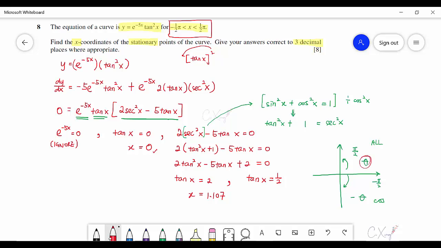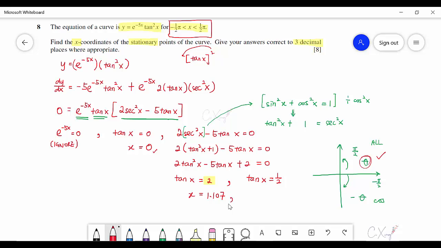In this first quadrant, tangent is positive, so this is the answer that I want. But if you look at the fourth quadrant, tangent is not a positive value in this quadrant. Therefore, I don't want the answer from this quadrant. So x equals 1.107 will be the answer.